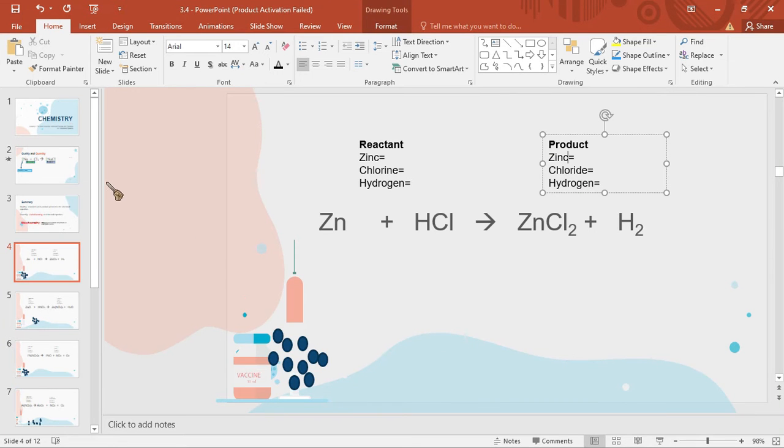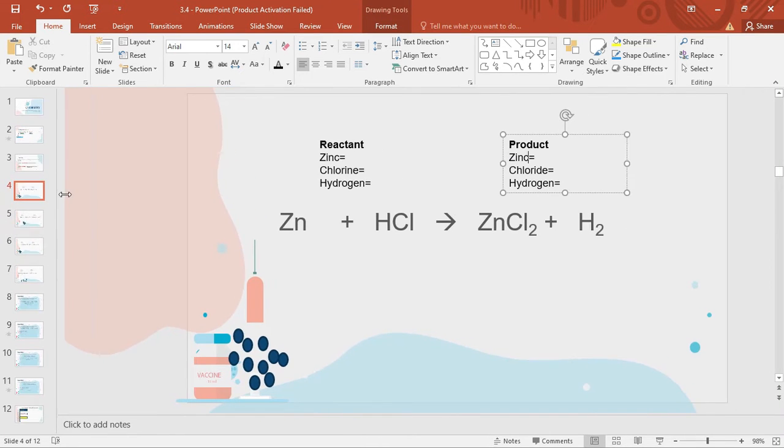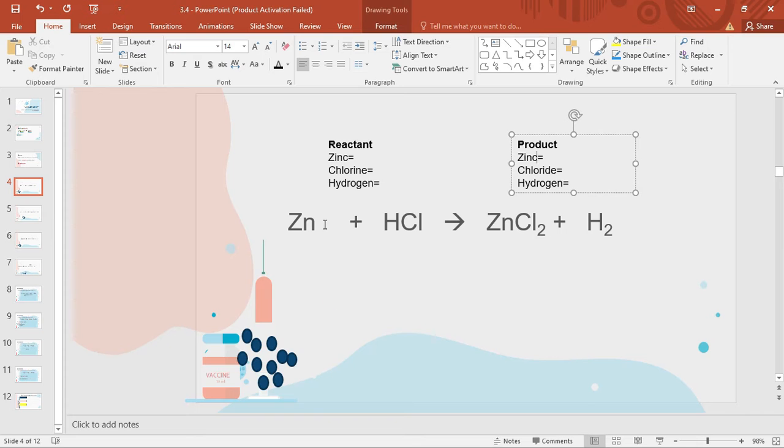For zinc, the presence of zinc, we have one atom only. For HCl, we have one H and one Cl. Okay. For zinc, 1. Cl, 2. Plus H2, 2H.